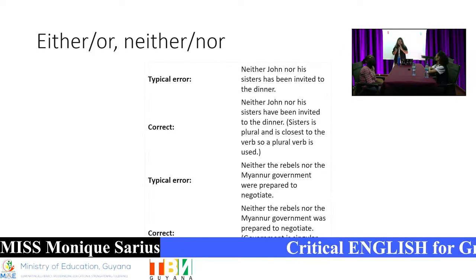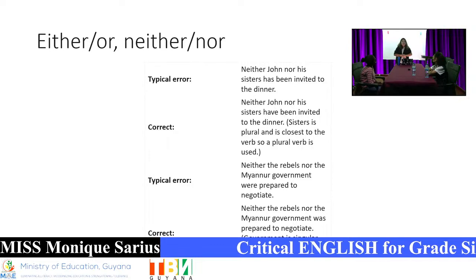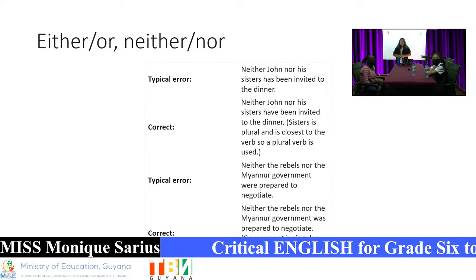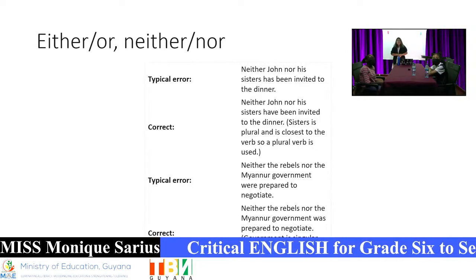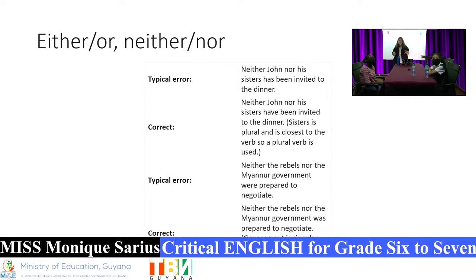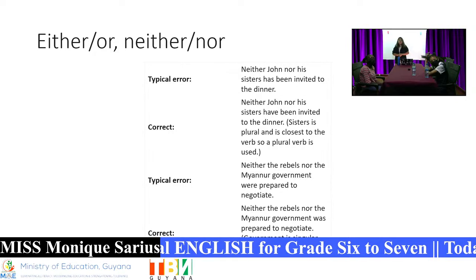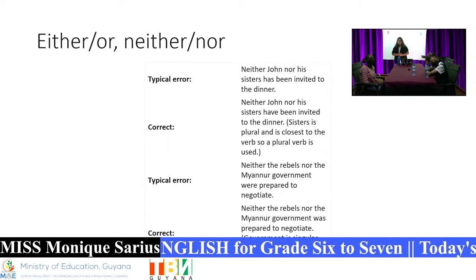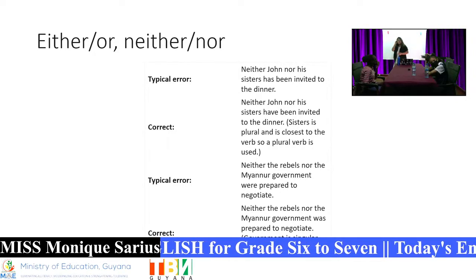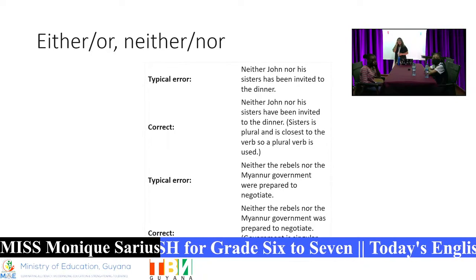Have, which would be the matching pair to sisters. So let's look at the corrected version. Neither John nor his sisters have been invited to the dinner, and in brackets you have it there. Sisters is plural and is closest to the verb, so a plural verb is used. Correct? Let's see if we can find the error in the other one now.